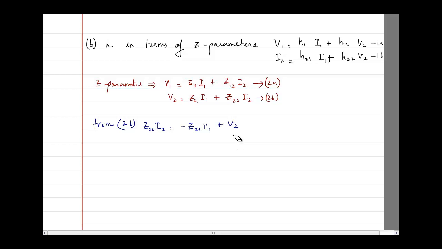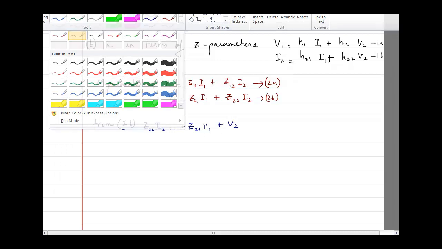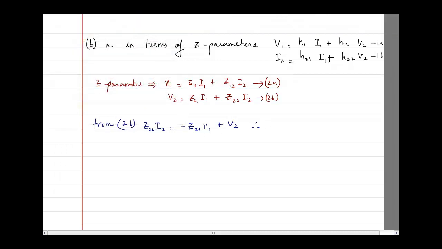And therefore I2 is going to be minus Z21 divided by Z22 into I1 plus 1 by Z22 into V2. Let me write this as equation number 3.